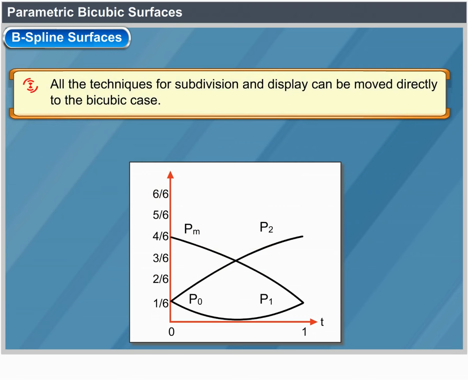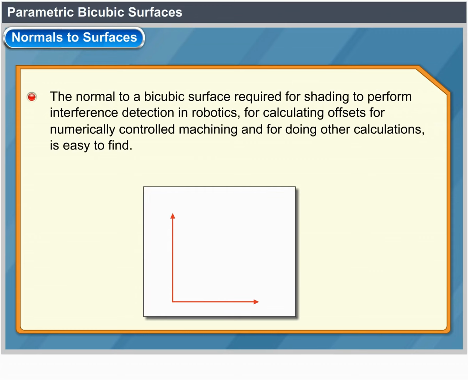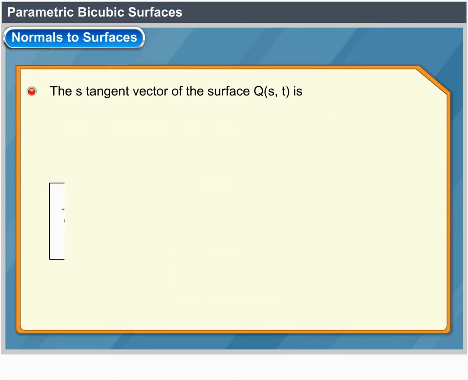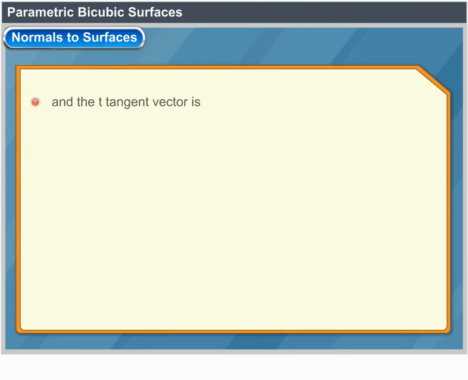Normals to surfaces. The normal to a bicubic surface needed for shading, for performing interference detection in robotics, for calculating the offsets for numerically controlled machining, and for doing other calculations is easy to find. The S-tangent vector of the surface Q of S, T is, and the T-tangent vector is given by the equations below.